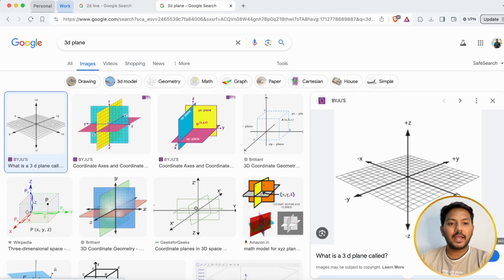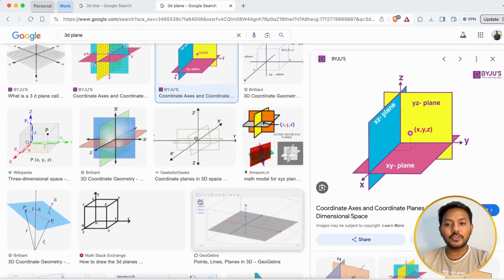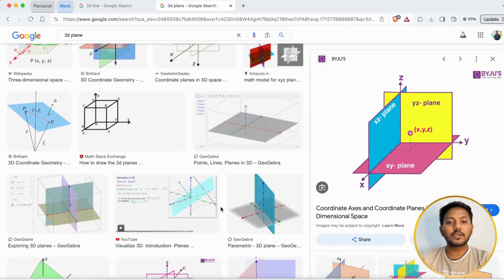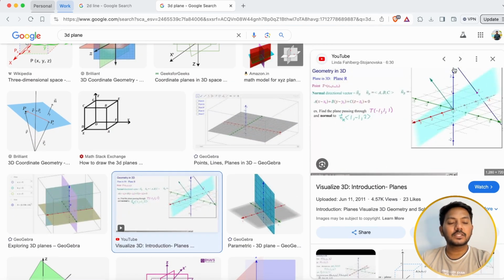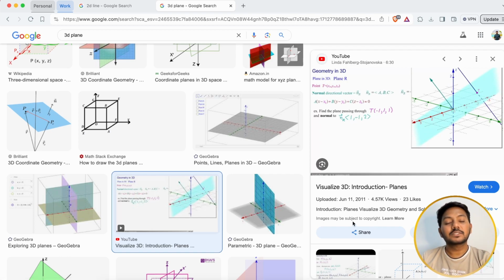If you see, I have x, y, and z, and I will have a plane. A plane is a separation of multiple axes. It is a little bit hard to visualize, but I am just showing you an example. I have xyz axes and this blue part is called a plane. So we have to take a line and extend it into multiple axes. That is when you will get a plane in 3D.